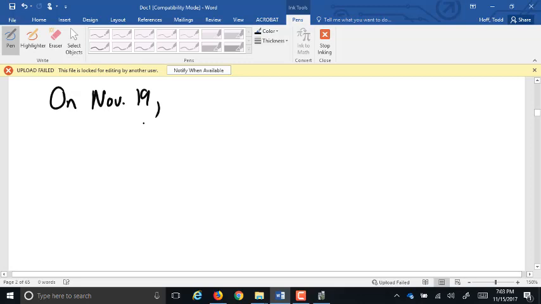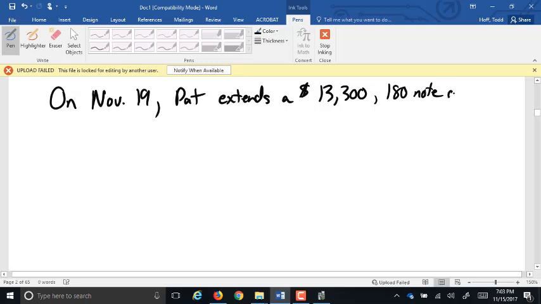On November 19th, Pat extends a $13,300 180-day note at 6.8% to Max.